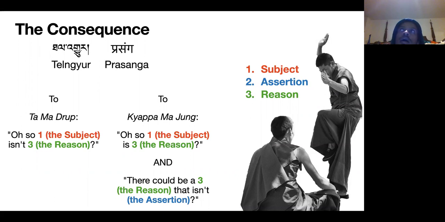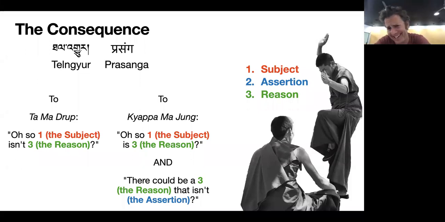Tamadrup: my future enlightened self isn't here now. What? I'm completely confused. That was her reason. Unfortunately, it's "your future enlightened self is not here now." Oh, okay, which would be Tamadrup: my future enlightened self is here now.